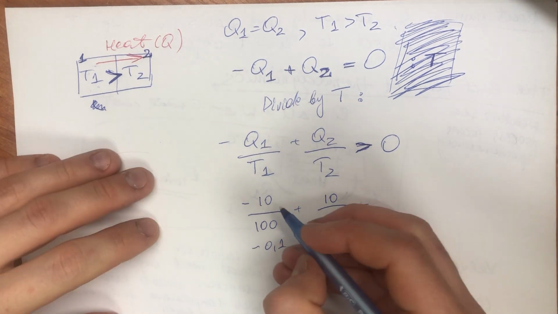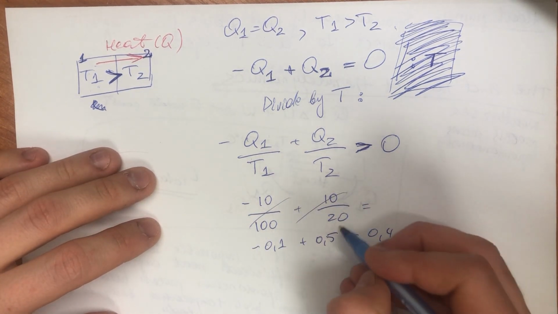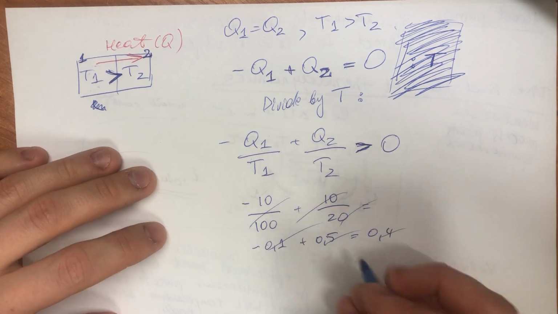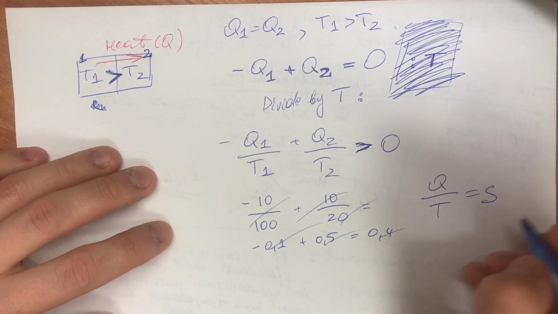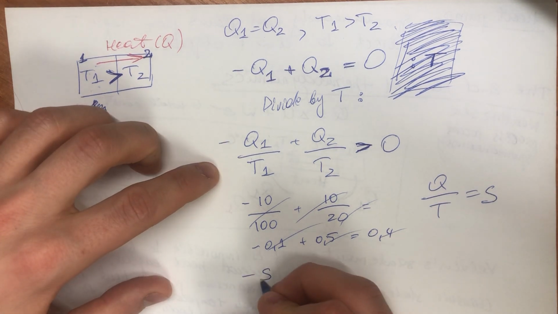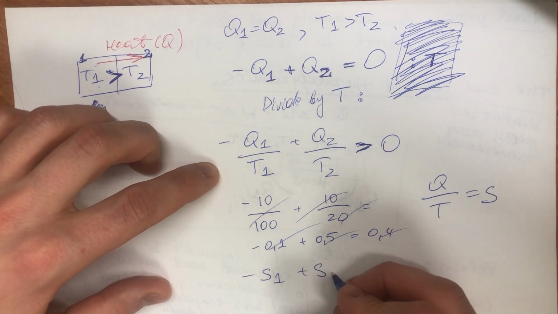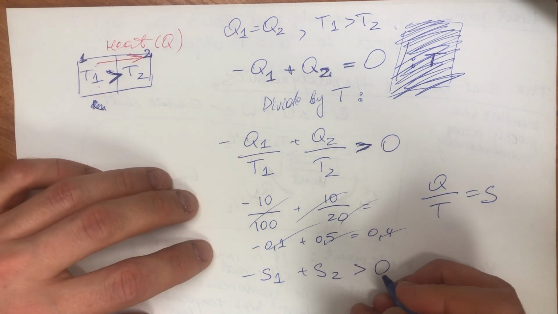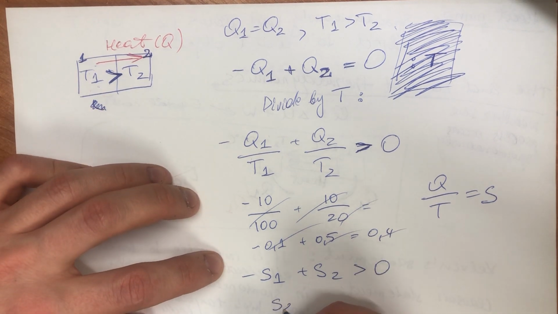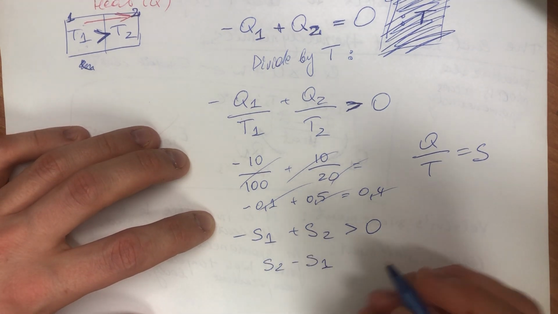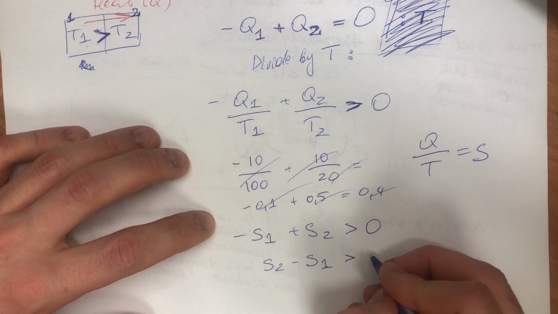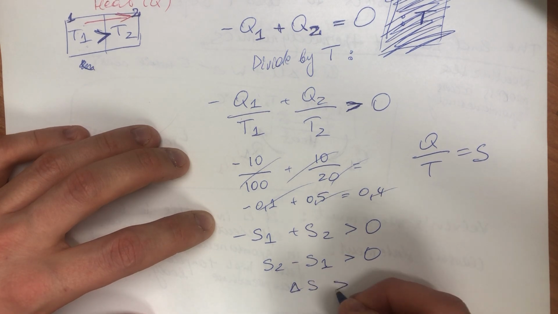We can give the name S to Q divided by T. So it means that minus S1 plus S2 is more than 0, and we can write S2 minus S1, or delta S, is more than 0.